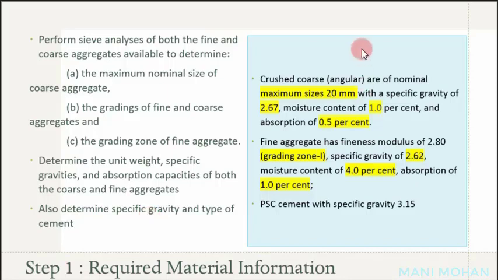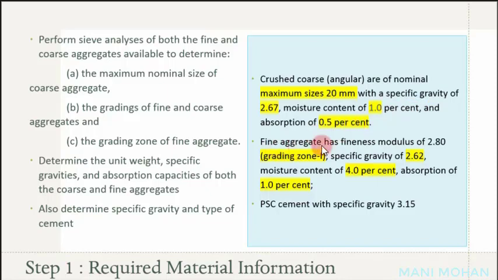As of now, for the example of M20 grade concrete, we are taking crushed coarse aggregate which is angular in shape. The maximum size of aggregate considered is 20 mm, which has a specific gravity of 2.67. It has moisture content of 1% with absorption capacity of 0.5%.